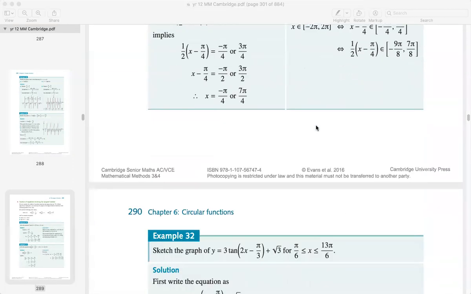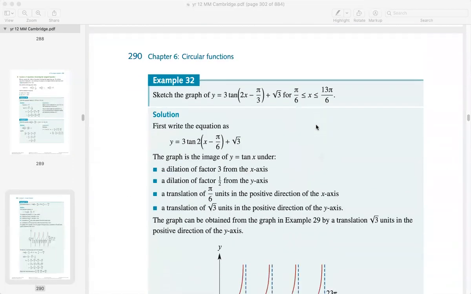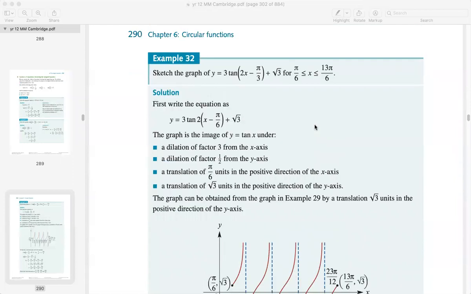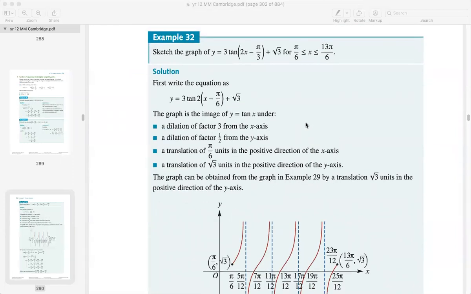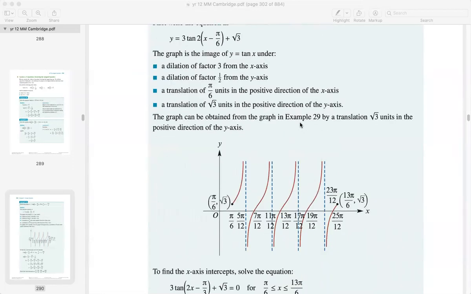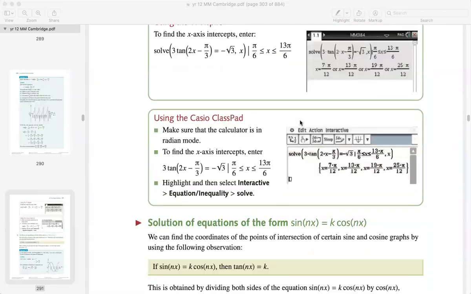And example 32 again asks us to sketch the graph involving dilation and translation, without reflection. Okay, just dilation and translation. That's the tangent.